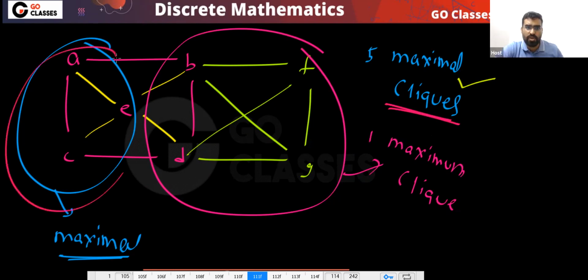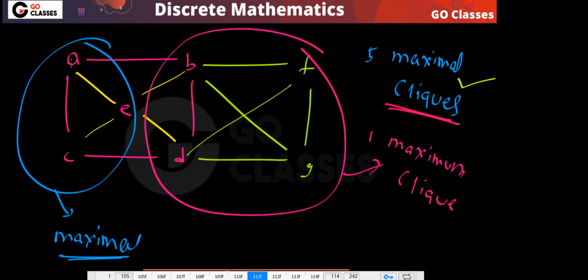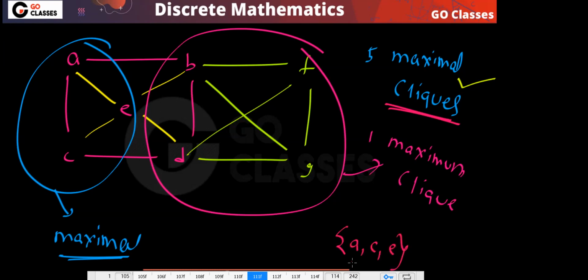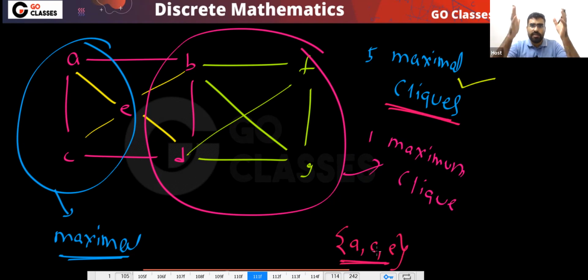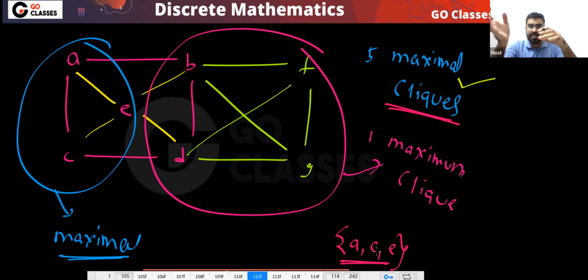So this is your clique. This is your maximal clique. You cannot make it bigger. This ACE is your clique. Remember, a clique is a subset of vertices, a set of vertices which are pairwise adjacent.